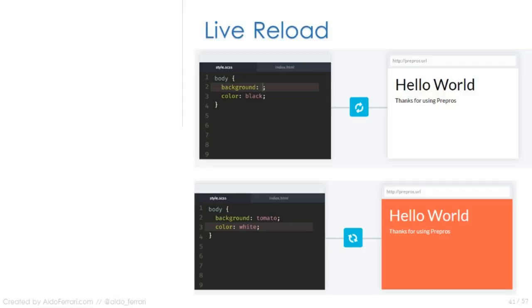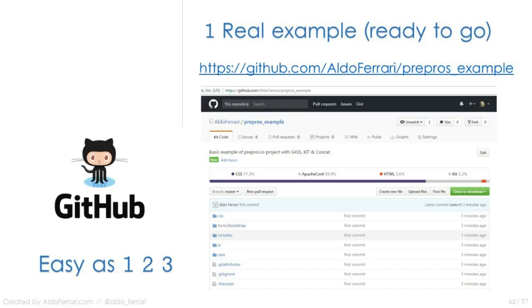This is very useful. And you can even see the same changes on a device like a screen, laptop, and a mobile that you have in the hand of your colleague.